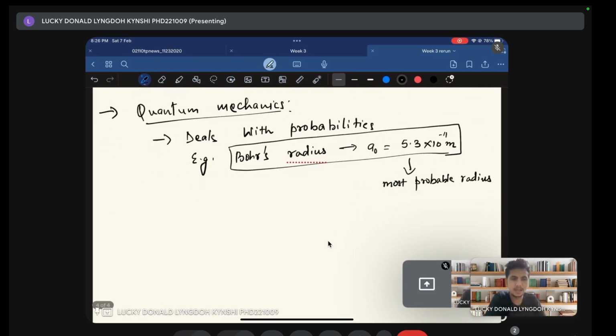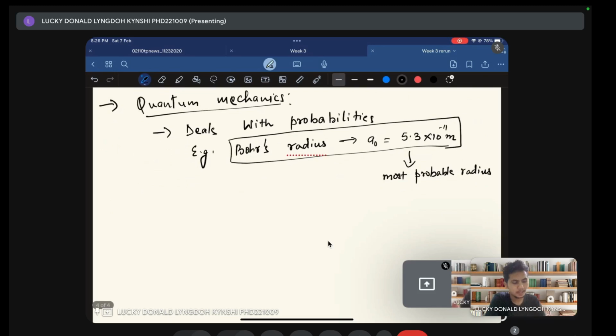What do I mean by that? Suppose you take different measurements, you will get slightly different values of the radius. It can be 5.8, 5.28, 5.3, 5.35, and so on. But 5.3 is the most probable radius according to quantum physics. That means if you take multiple measurements, you will likely get 5.3, though other values like 5.28, 5.35 are also possible.